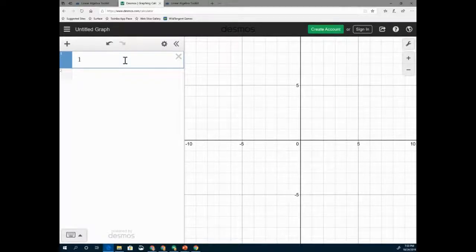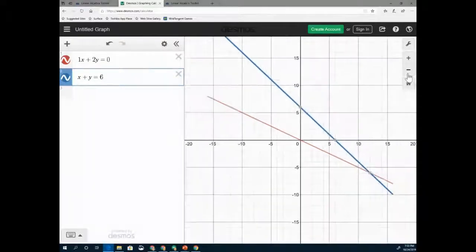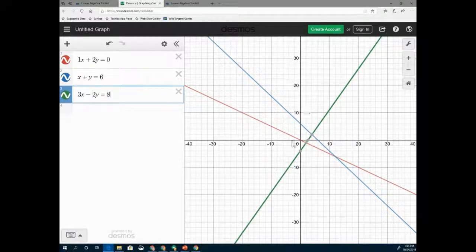So 1x plus 2y equals 0 is the first equation. Second one is x plus y equals 6. So you can see those intersect. And then if we add the third one, 3x minus 2y equals 8. In order for 3 equations to be in a system and be true, they have to all intersect at the same point.